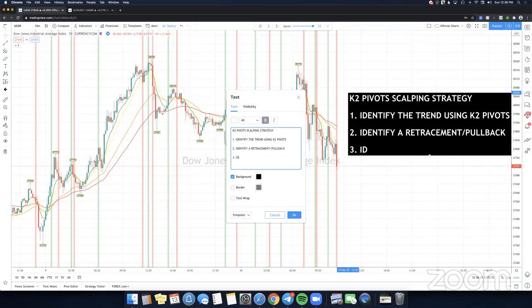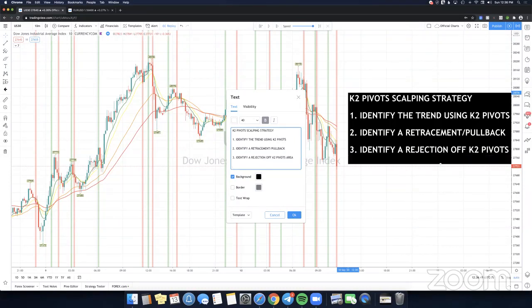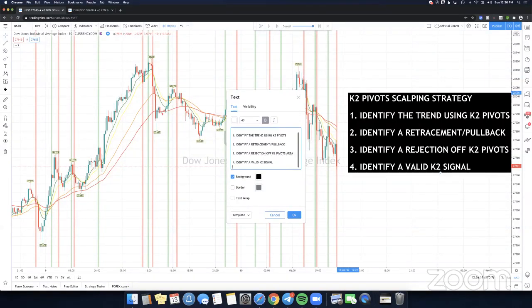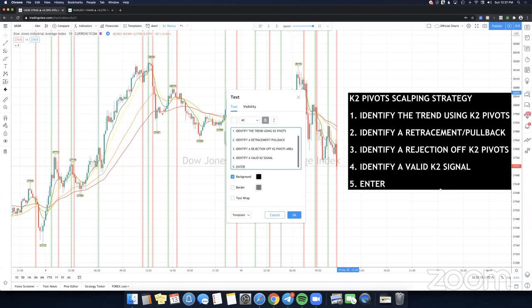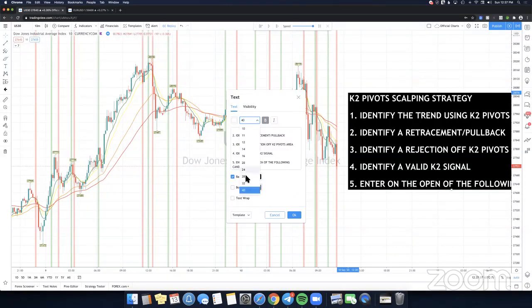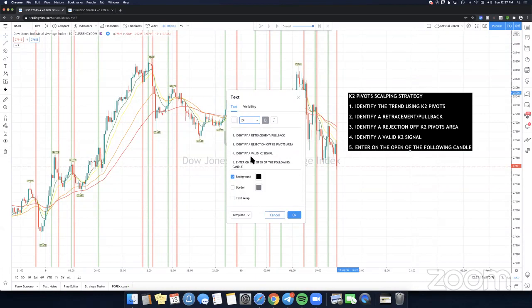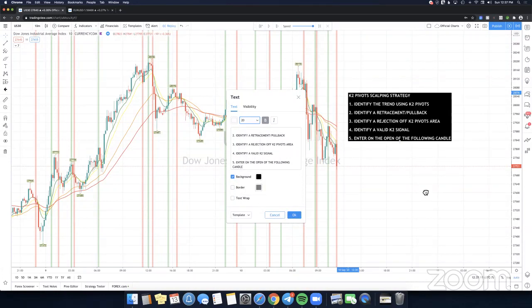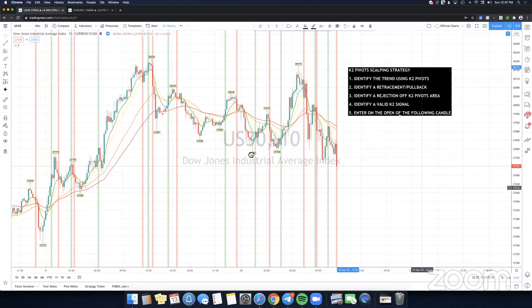Third, you're going to identify a rejection of the K2 pivots area. And lastly, you're going to identify a valid K2 signal. So once you have all those, you can enter on the open of the following candle. So that's pretty much it right there. It's very easy, very simple.